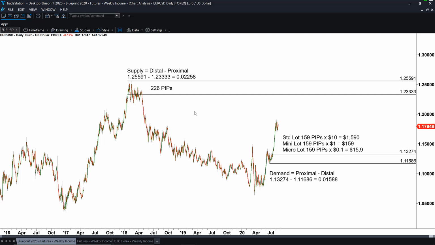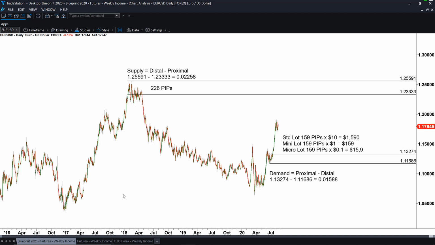Now for all USD quote pairs, all the currencies where I've got US dollar as the second currency, as the quote currency, my life is really simple, because I know it's always $10 for a standard lot, $1 for a mini lot, and 10 cents for a micro lot.